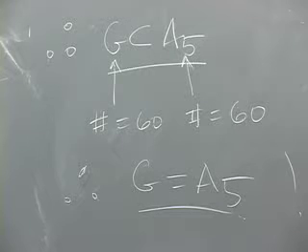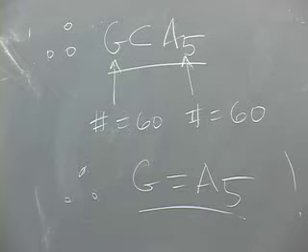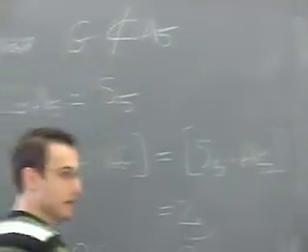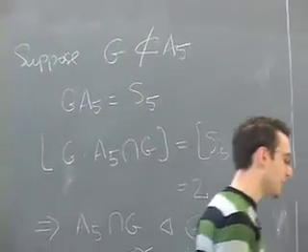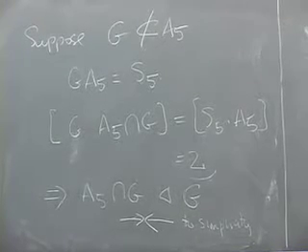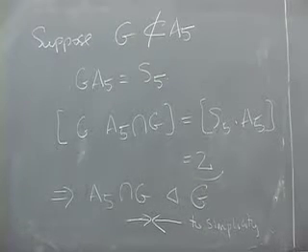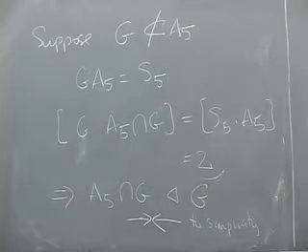Yeah? So for that last step, we're pretending we've already proven that A5 is... Yeah, so I mean, what you need is this thing to show that the thing is normal. Okay? I mean, you know that A5 is normal in G. It's the kernel of a homomorphism. But there is a sense in which there's a bit of an issue with this thing. This could be, in some sense, a contradiction.